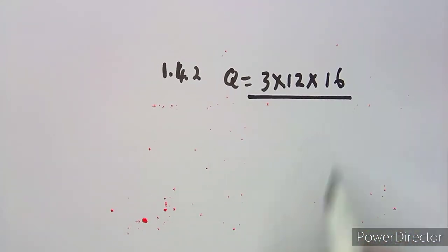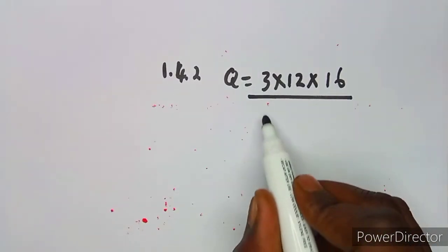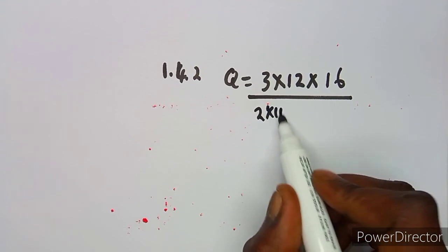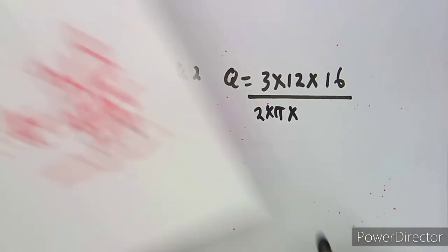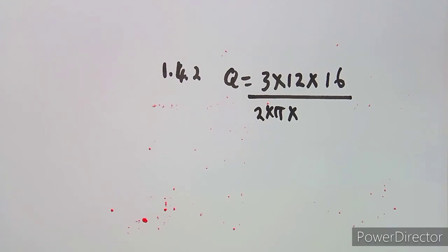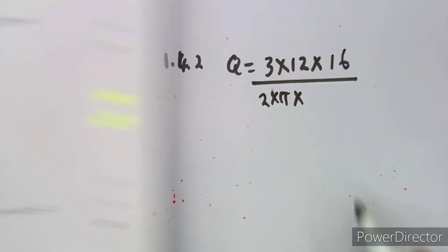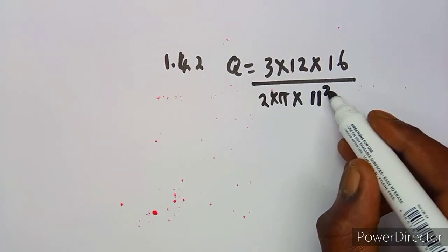Okay, over, we are substituting 2 pi b squared now, so it's 2 pi b squared like that, which is 2 times pi times b squared. What is the value of b? We have to substitute the b, which is 11, but there's a squared there.